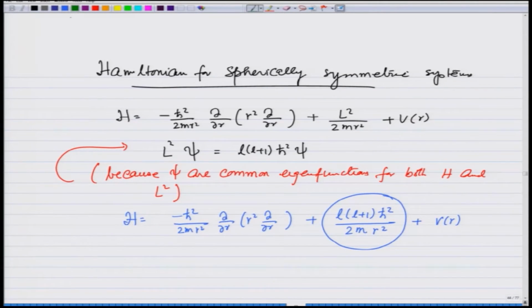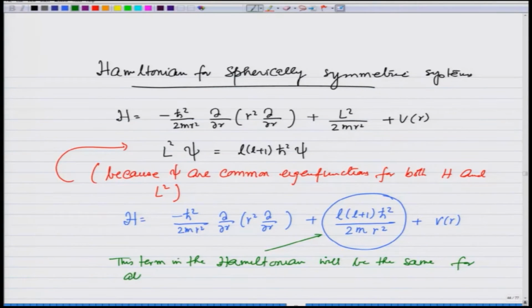So, let me write this. This term in the Hamiltonian will be the same for all V r, and those Y Lm will also be the same for all V r's.